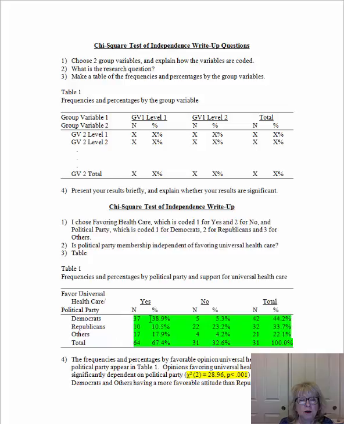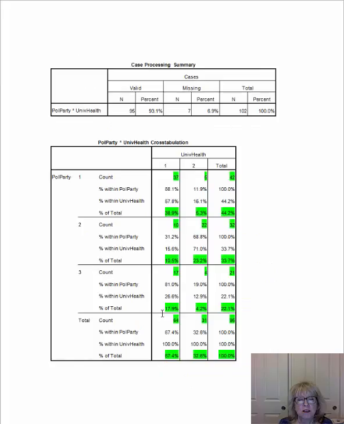Now I'm going to create my table of frequencies and percentages. I'm going to have rows represent my political parties and columns represent favorable, non-favorable, and total. I'm simply going to copy my frequencies and percentages from this table that you get on the next page.